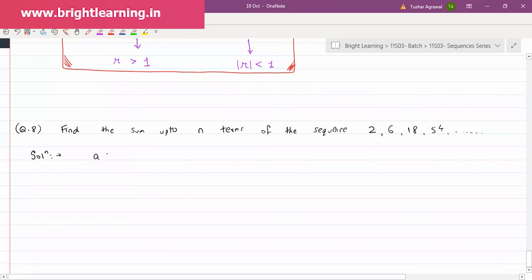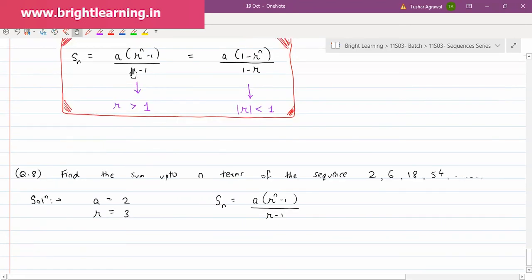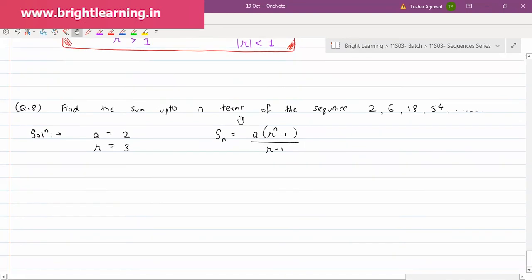So what is the first term? First term is equal to 2. What is the common ratio? Common ratio, you can observe, is equal to 3. So what is Sn? Sn is a times r to the power n minus 1 upon r minus 1. Use this formula when r is greater than 1 to avoid a negative denominator. And if r is less than 1, we use the other one.